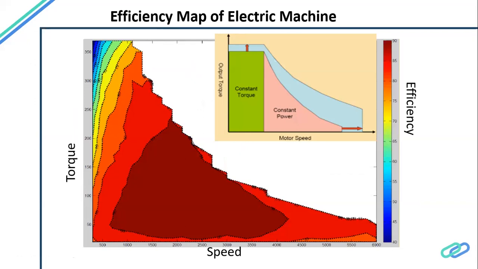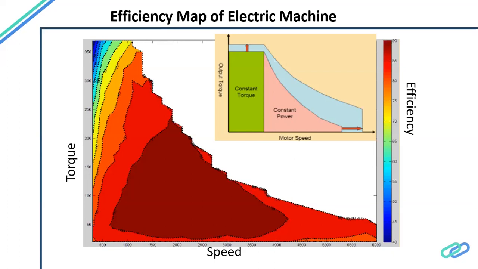If you switch from losses to the efficiency side, it would look like this. This is where the designers, or those people who are using the machine, will be keen to look into the efficiency map, so called. This is torque, speed, and efficiency.